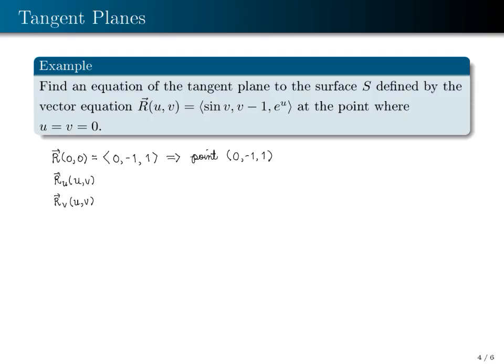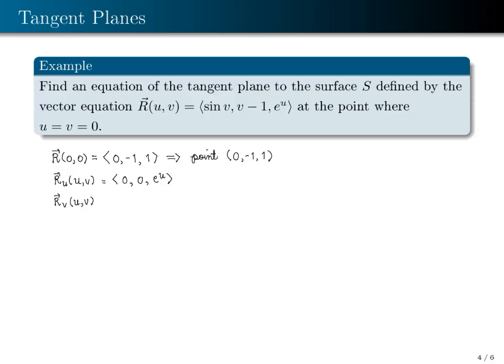To find r_u(u, v), according to our previous theorem, all we need to do is to take the partial derivative of each component of r(u, v) with respect to u. Hence, the components of r_u(u, v) are 0, which is the partial derivative of sine v with respect to u, 0, which is the partial derivative of v minus 1 with respect to u, and e to the u, which is the partial derivative of e to the u with respect to u.